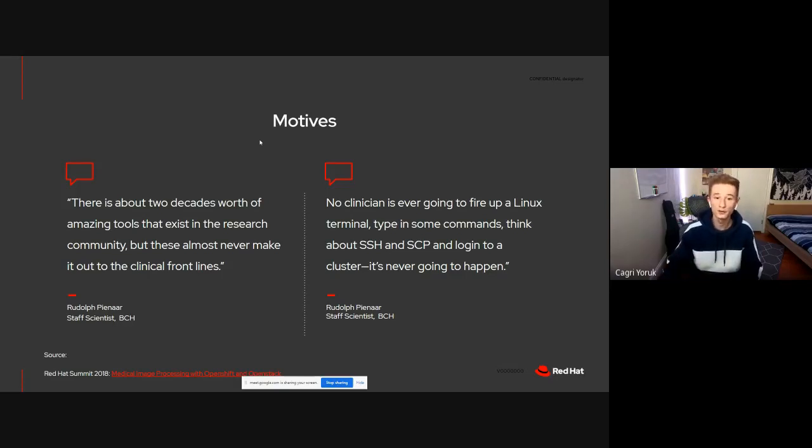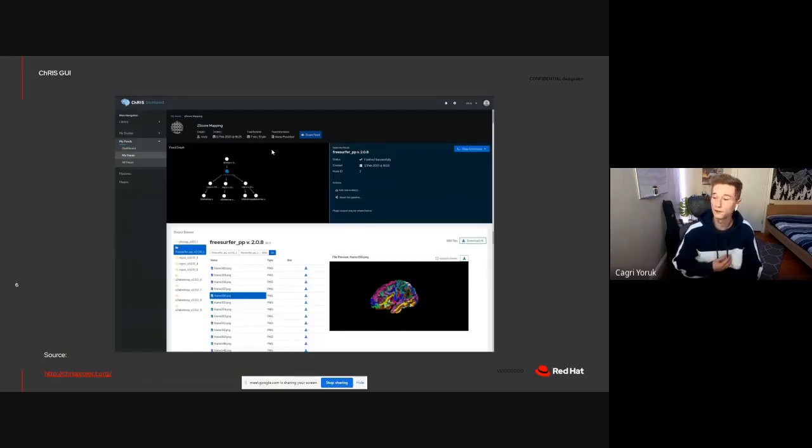And because of these problems, ChRIS gives a great UI that is really user-friendly. Clinicians can upload their data and run machine learning algorithms and classifications by selecting the plugins. This is an example of the UI.